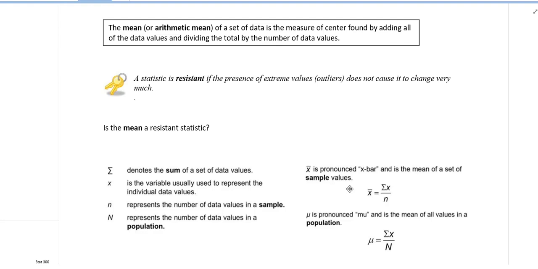Is the mean resistant? Do the data values affect the mean? Yes, right. If you have high data values compared to everything else, that's going to inflate the mean. It's going to make the mean be higher. And so that means that the statistic is not resistant.